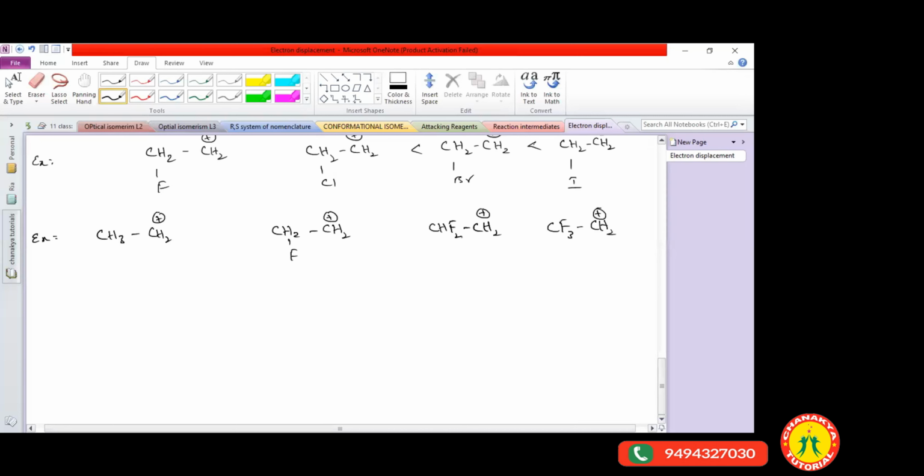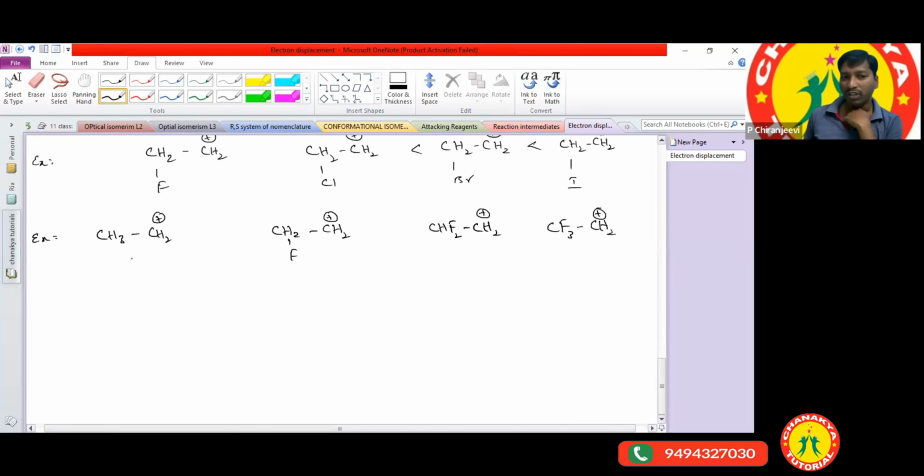Okay. Now, inversely proportional. If you see the first structure, we have zero electron withdrawing groups. The second structure has one electron withdrawing group. The third structure has two electron withdrawing groups. And the last one has three electron withdrawing groups. According to the statement, as the number of electron withdrawing groups increases, stability decreases.